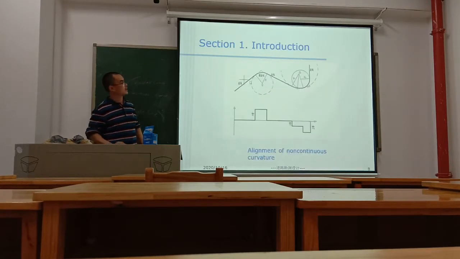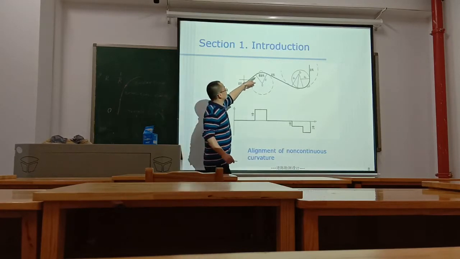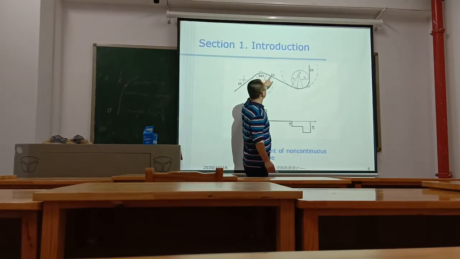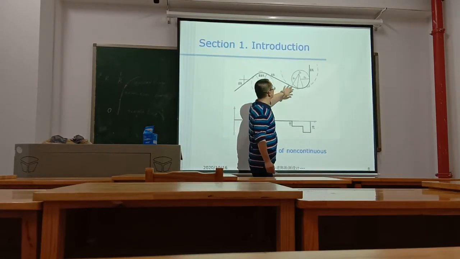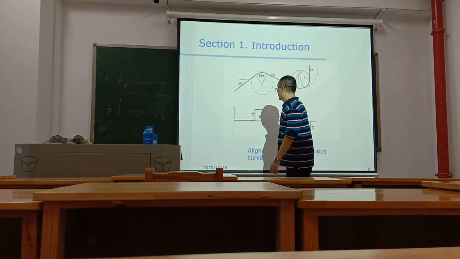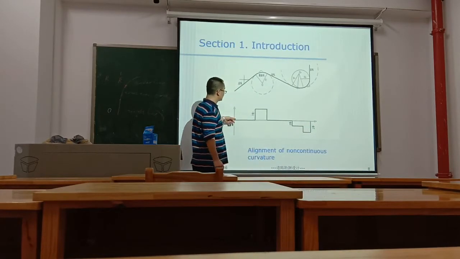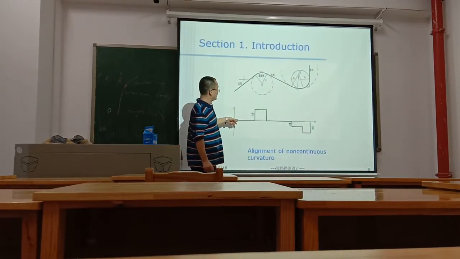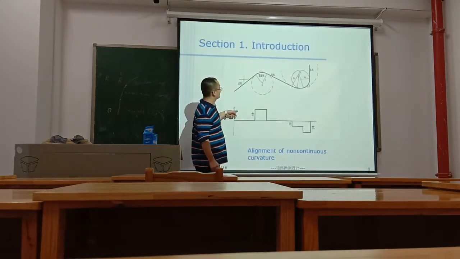This is a straight line. This is a circular curve. This is a straight line. This is a circular curve. This is a straight line. This is the corresponding curvature of every element. The straight line is zero.